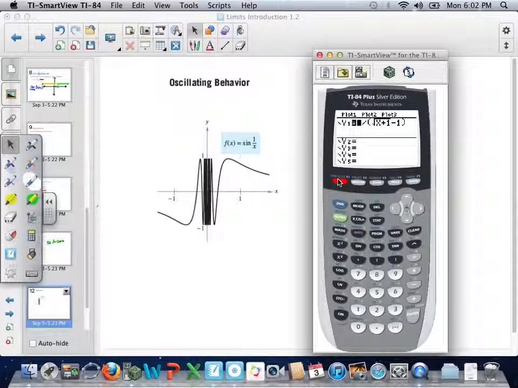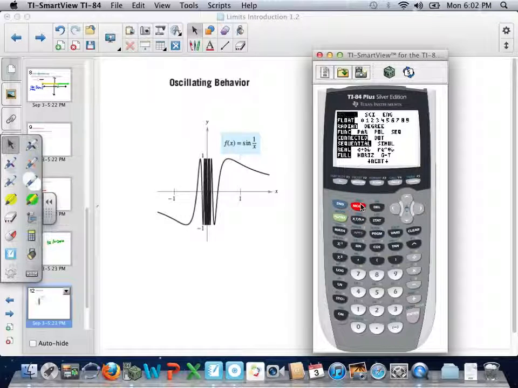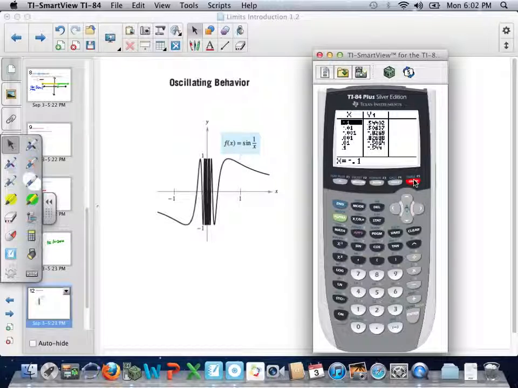If we go to y equals, enter sine of 1 over x, and just make sure you are in radians. In our table, we can see that we're at 0.5, 0.5, negative 0.8, 0.8.